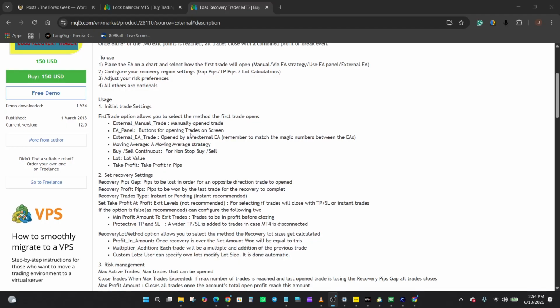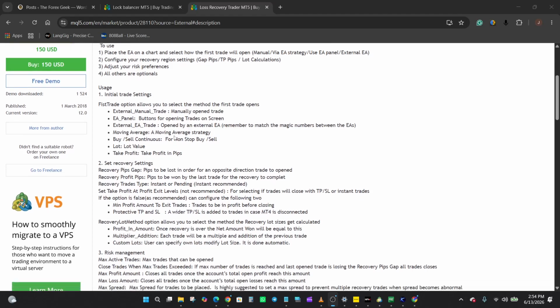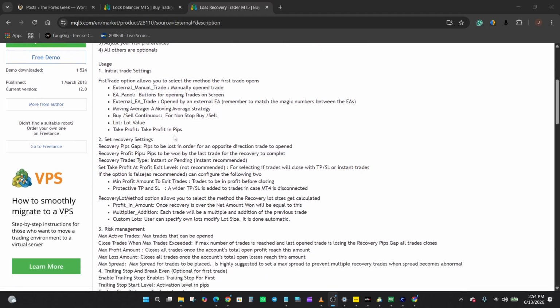Traders can define the recovery gap in pips, recovery profit targets, and how recovery lot sizes are calculated. There are several calculation methods available, including fixed profit targets, multiplier-based calculations, and custom lot sizing.